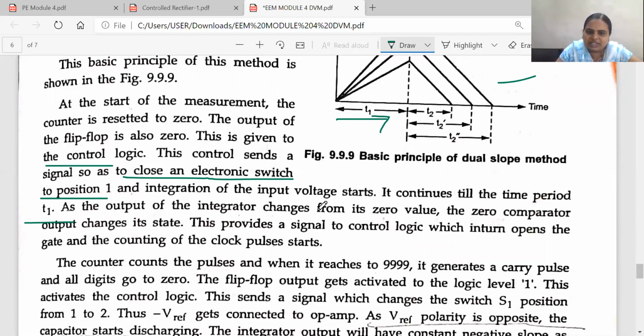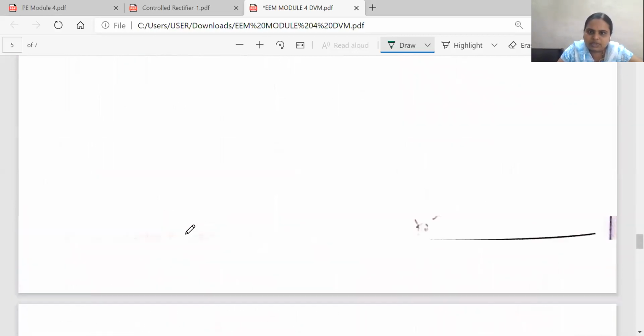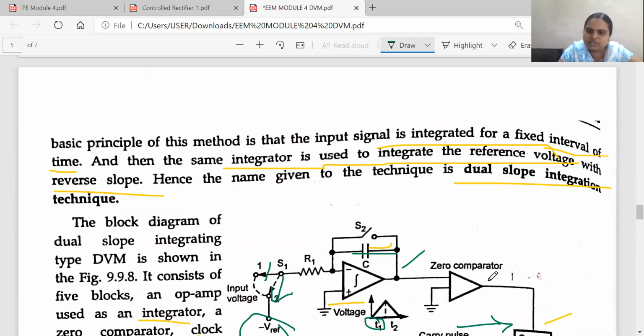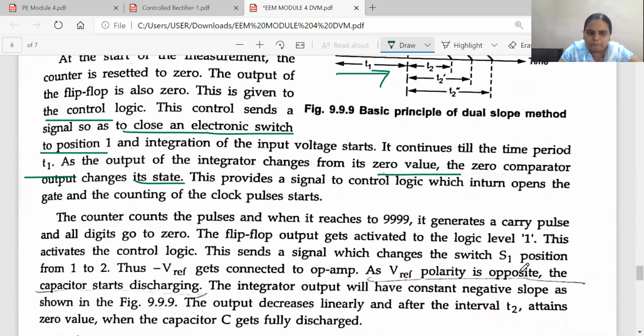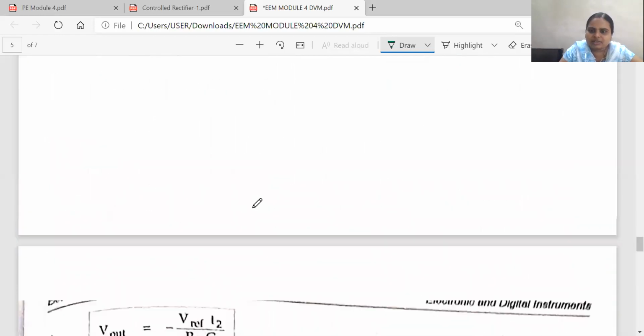As the output of the integrator changes from its 0 value, the zero comparator output changes its state. This provides a signal to the control logic, which in turn opens the gate, and counting of the clock pulses starts.